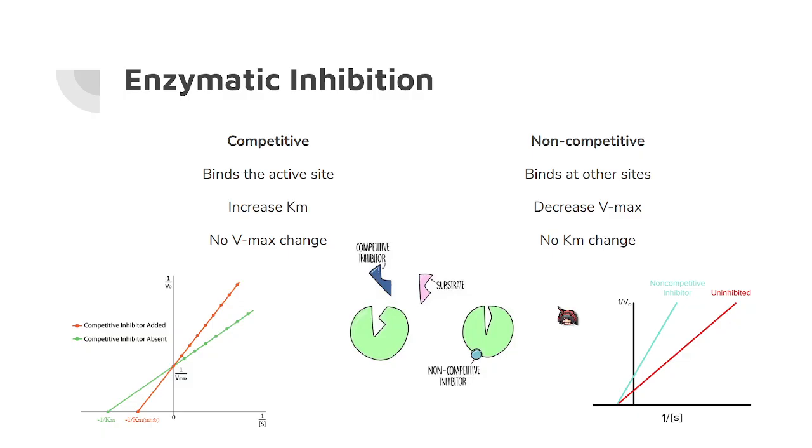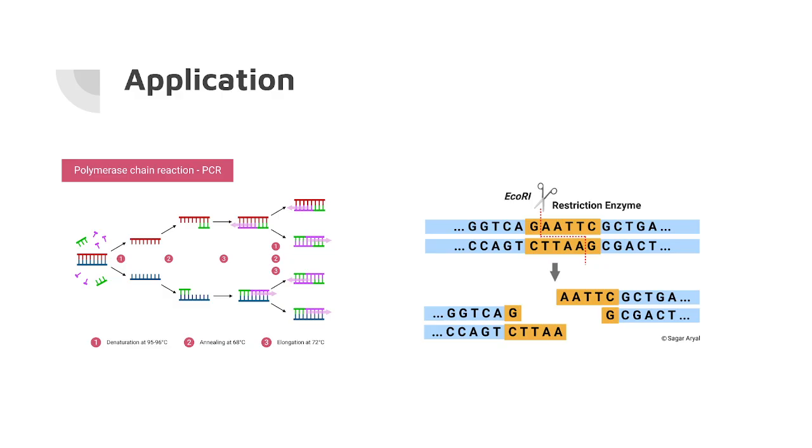And essentially, enzyme kinetics and the use of enzymes is very important and is used widely throughout many different tasks. One such application, especially in biological labs, is the use of polymerase chain reaction, which is often known for short as PCR, where we are amplifying a particular sequence of interest for further studies.